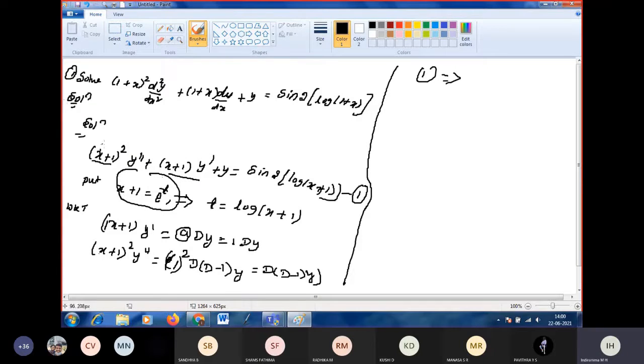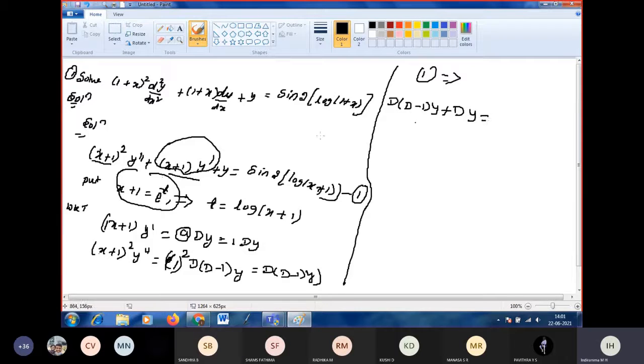So what is (x+1)² y''? It is D into (D−1) into y, plus (x+1) y', which is Dy.